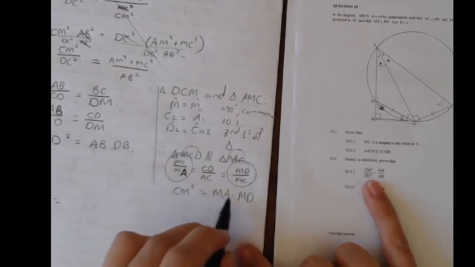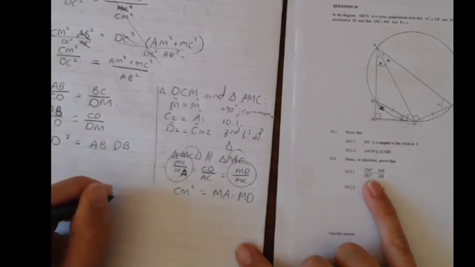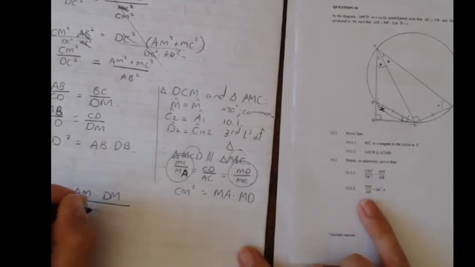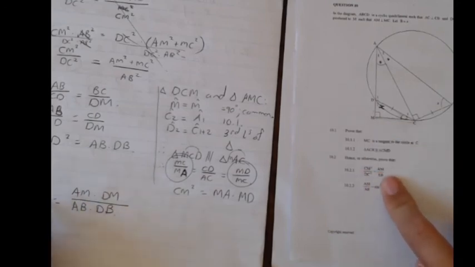So CM squared is AM times DM over AB times DM. I want to show that this is actually equal to AM times AB.